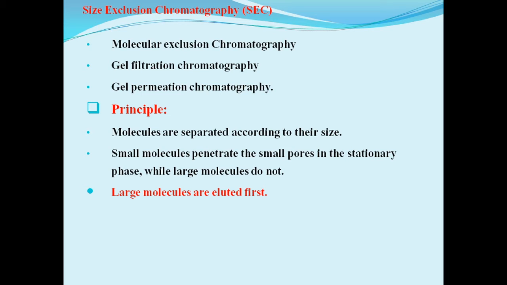The VE, capital V, capital E, component represents the volume at which the intermediate molecules elute, such as molecules that have partial access to the beads of the column.